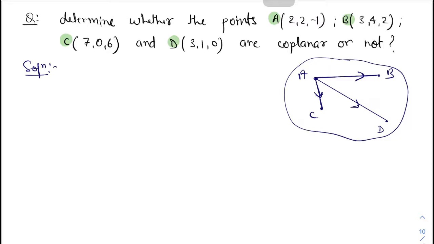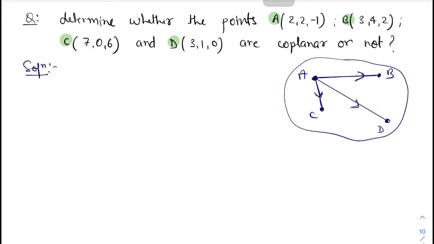If 3 vectors are coplanar, then their terminal points, that is this endpoint B, C, D and their common initial point A will be coplanar. Okay, so one method is by determining whether these 3 vectors are coplanar or not.